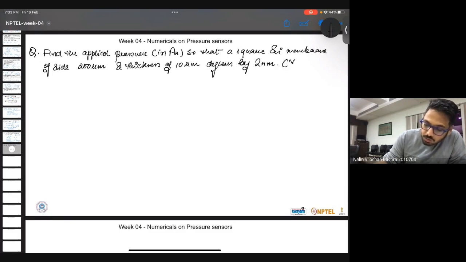Here Young's modulus is given as 170 gigapascal.